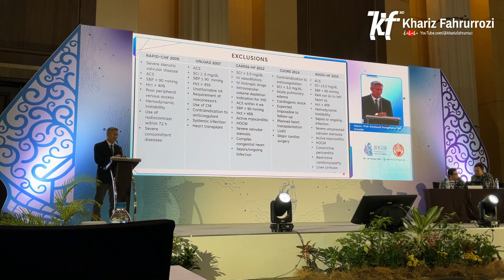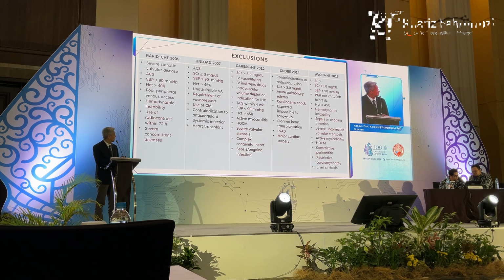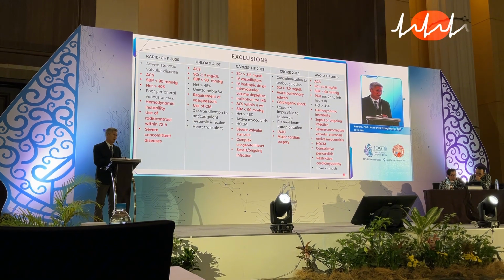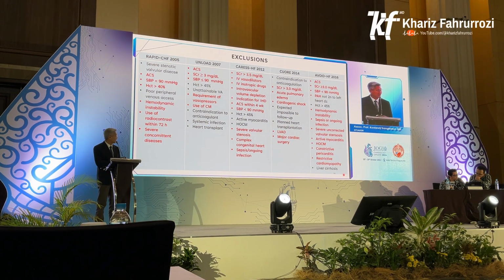And I would like to show you this slide as well. What are the exclusions? Because someone might wonder how ultrafiltration alone differs from CRRT. You can see that most of the indications for ultrafiltration exclude patients with cardiogenic shock or hemodynamic instability, or even serum creatinine over 3 or 3.5.